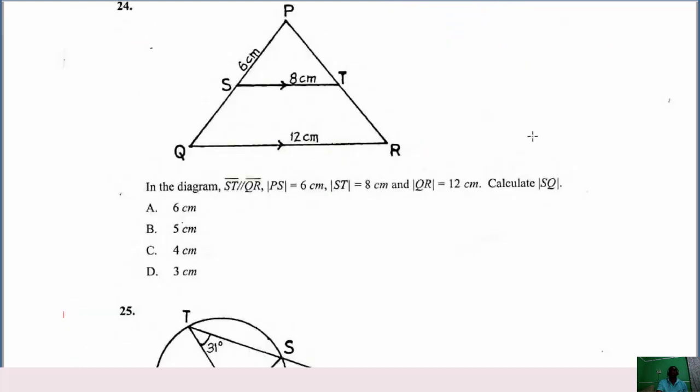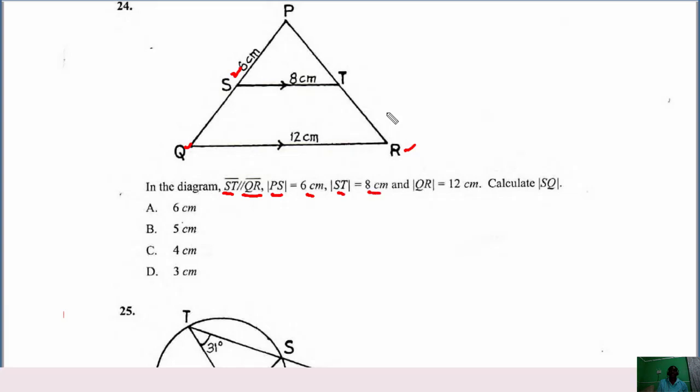We are starting from question 24 again. We are moving on. Question 24 is like enlargement and similarity. So this kind of question, it said that in the diagram, ST is parallel to QR. PS is 6 centimeters.